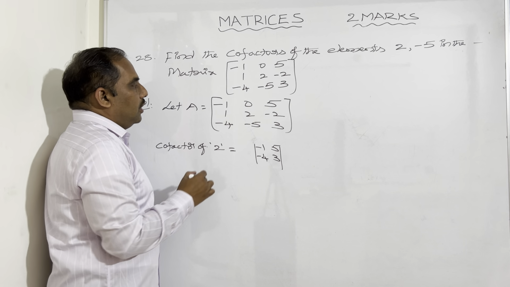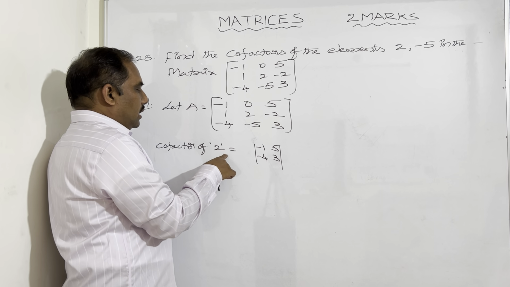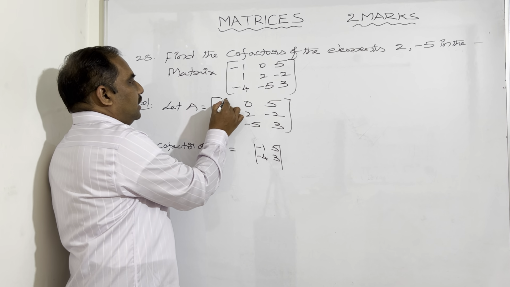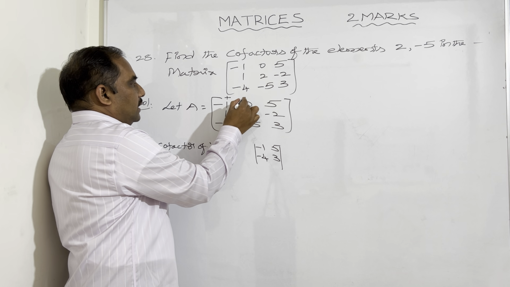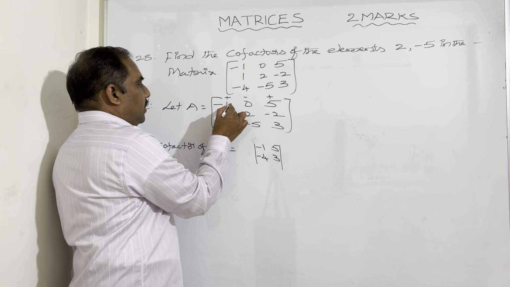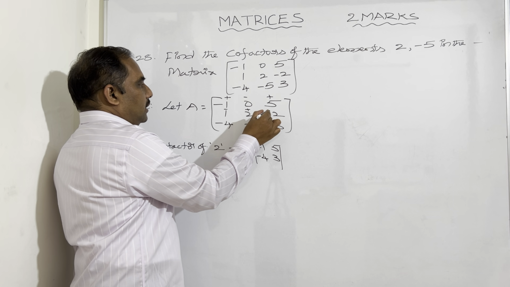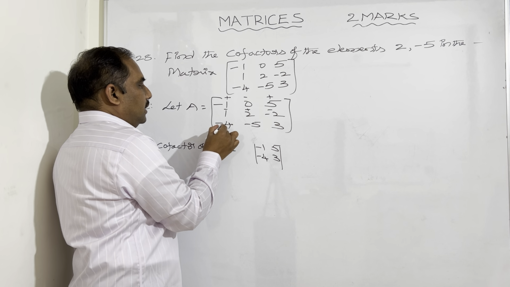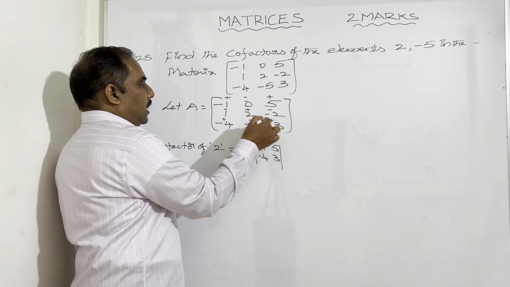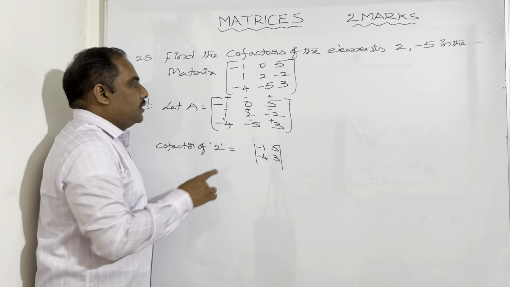So then, while finding the cofactors of the elements, we consider that here the signs are plus, minus, plus, and here minus, plus, minus, and here plus, minus and plus. So why take plus here?